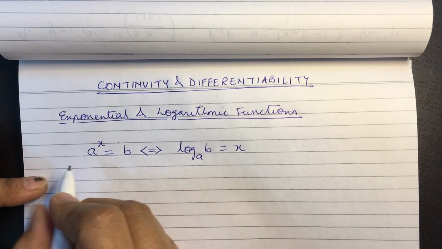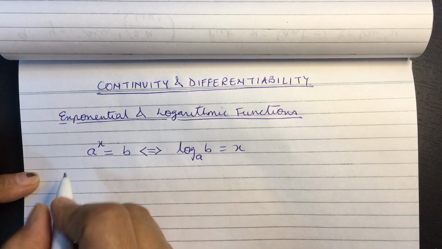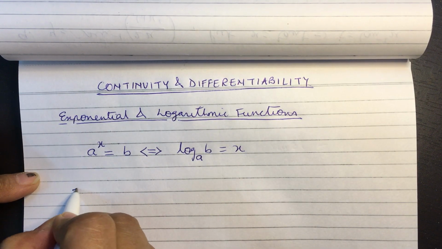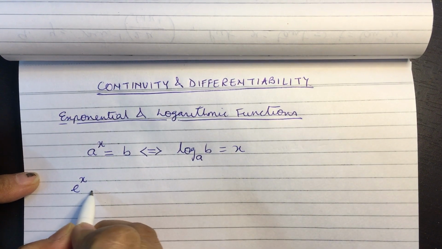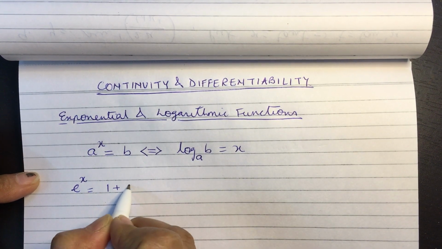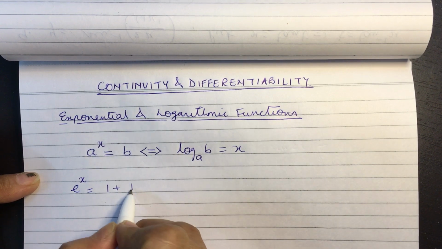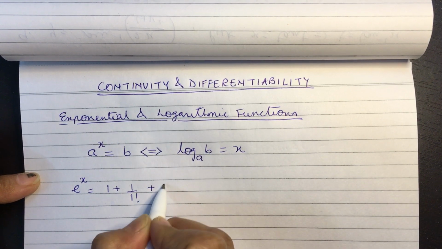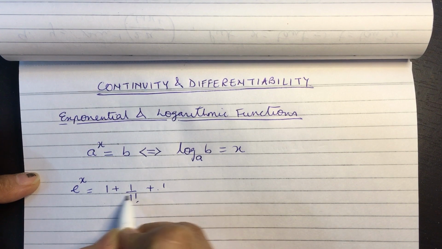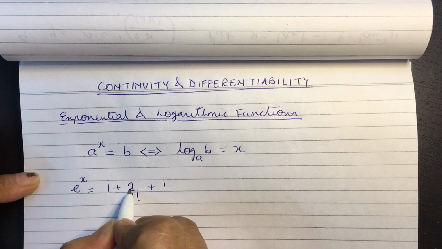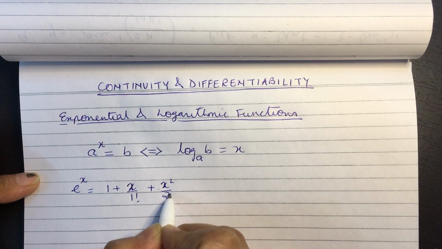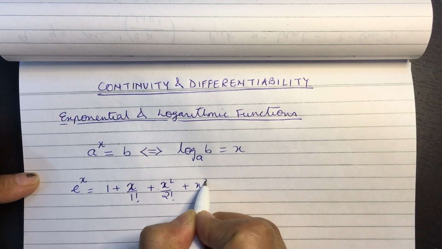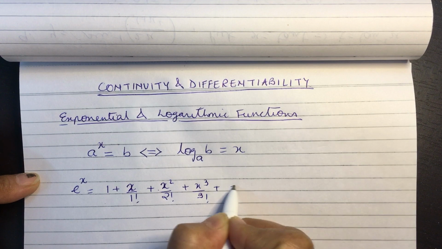Now we are going to take up another kind of exponential function, which is defined as e raised to the power of x. It is the series expansion, which is 1 plus x upon 1 factorial plus x square over 2 factorial plus x cube over 3 factorial plus so on.